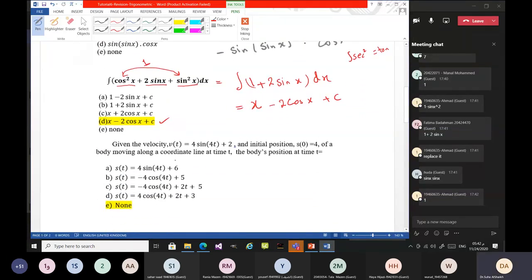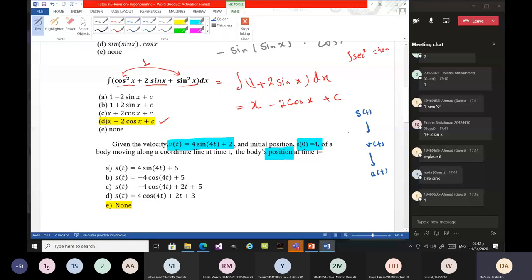Now we are given the velocity with the initial condition in distance or displacement that s of 0 is 4. Find the position. Yes, they want the position function. We know that the derivative of s of t gives me v of t, and the derivative of v gives me a of t, right?